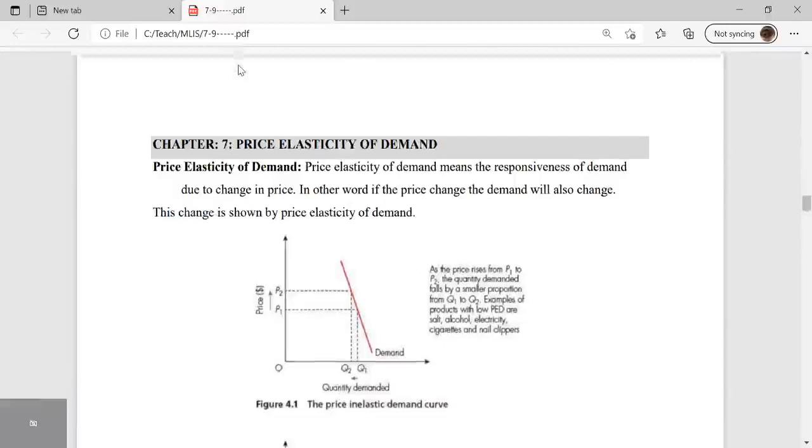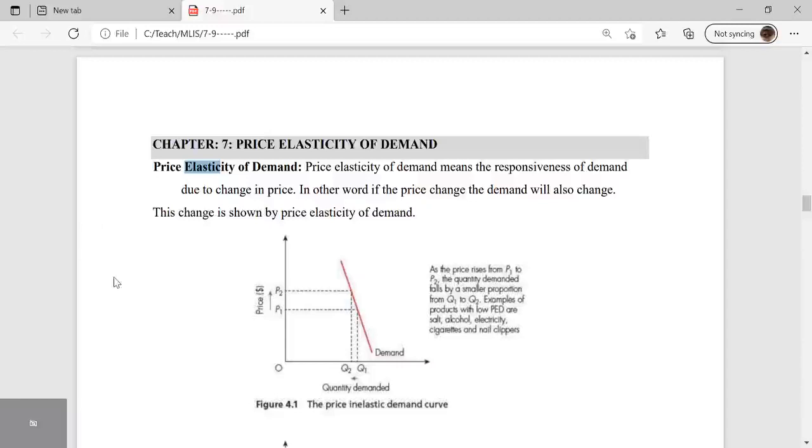Okay, let's continue with our topic, price elasticity of demand. So what is elastic? When you are using your t-shirt or your sweater or your jacket, over there you've seen elastic, right?